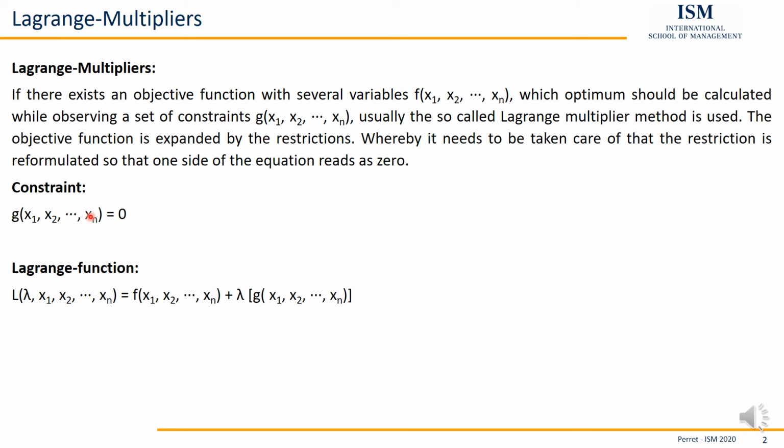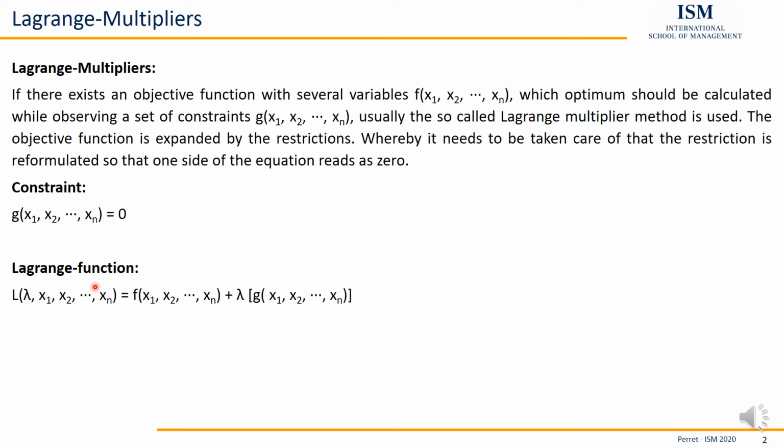If we want to include the constraints, it's actually here, the multiplier multiplied with the function. And that's the important aspect. If we introduce it as is here, it needs to read equal to 0, because this would mean we're basically adding nothing here.